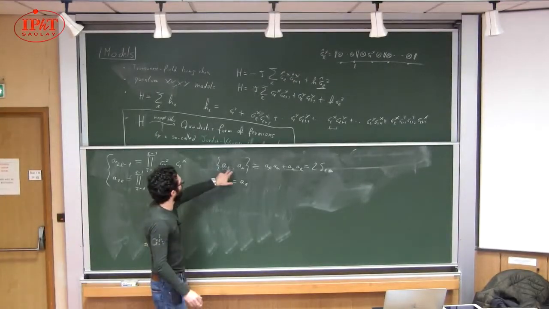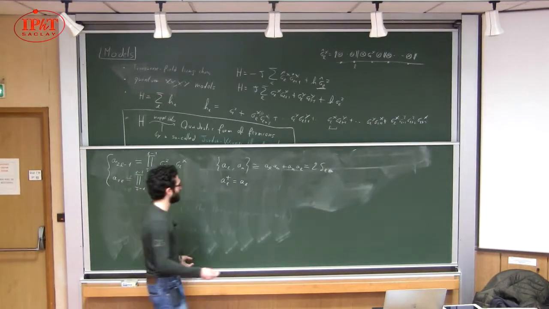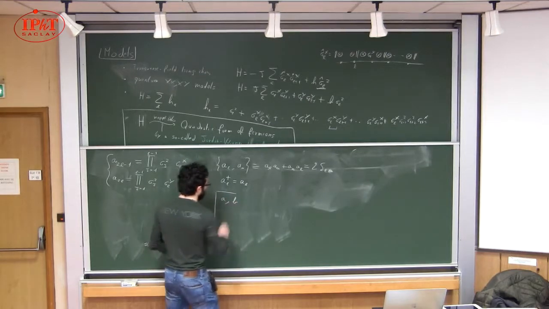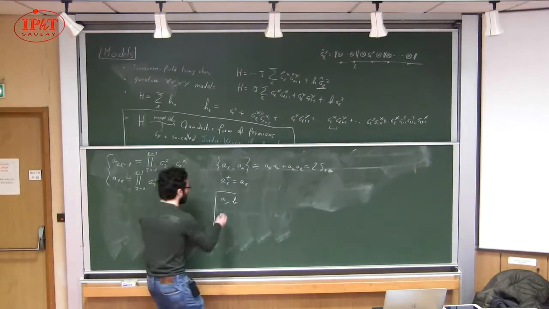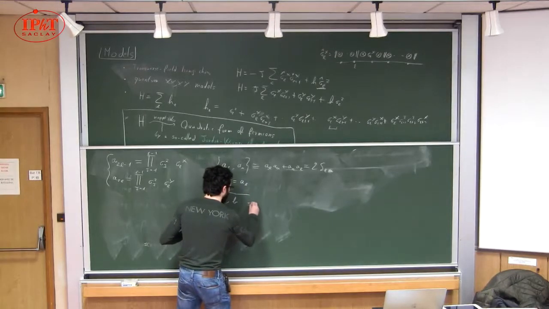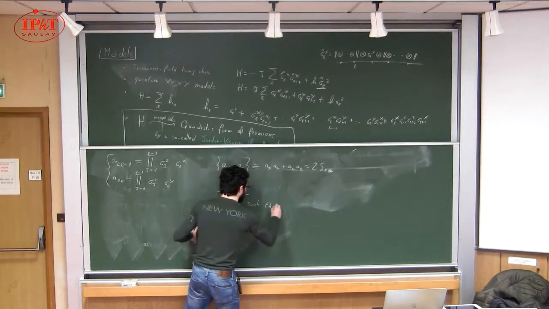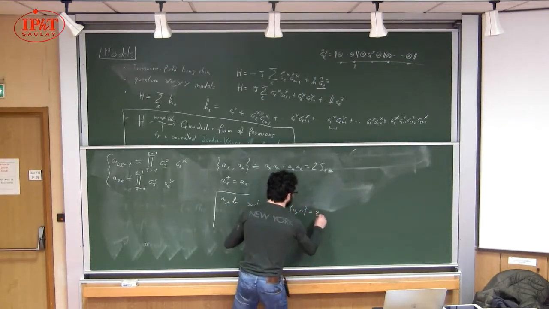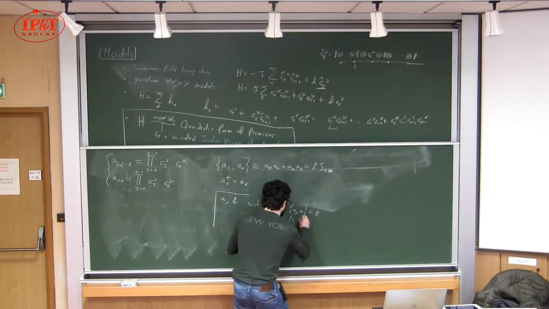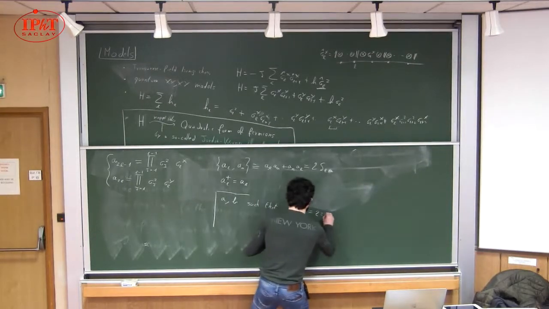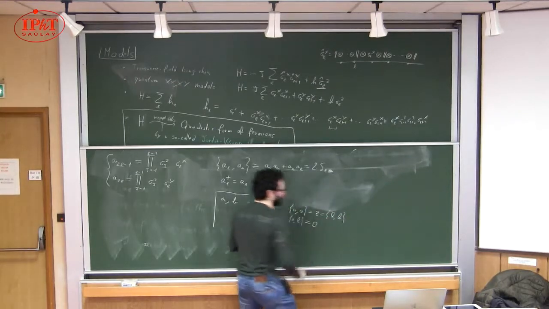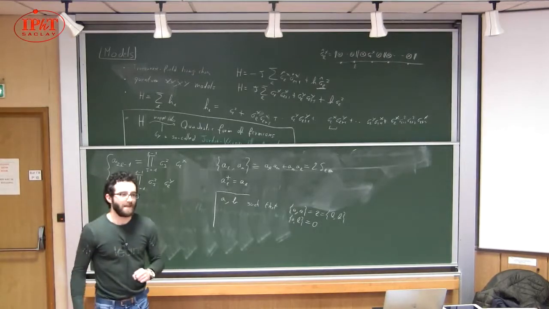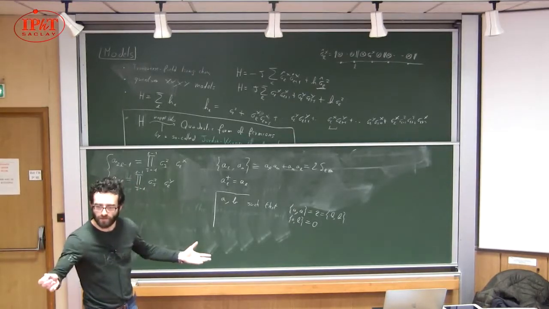Well, simply, if I give you two Majorana fermions that we call A and B that satisfy this algebra, so the anticommutator of AB is equal to 0, and A squared is equal to B squared is equal to 1. Then you can always construct standard fermions in this way.